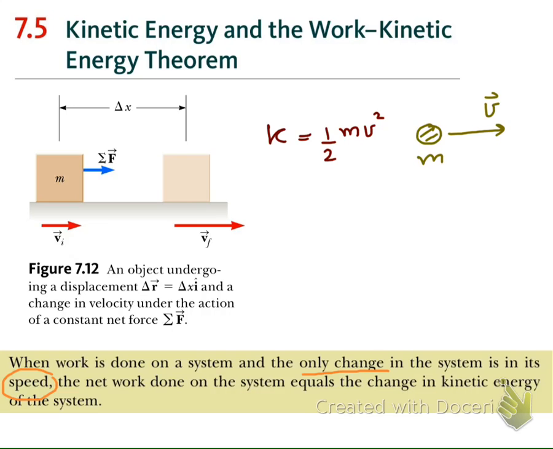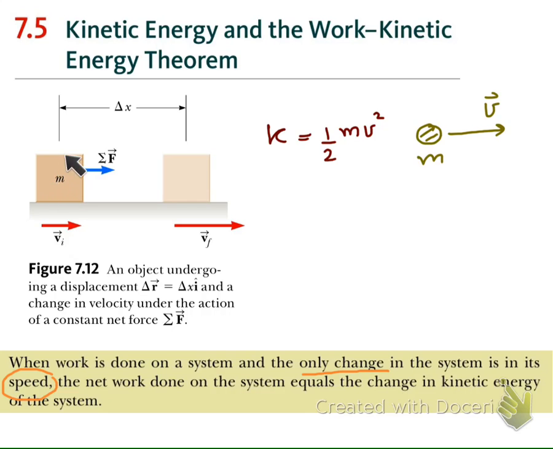It means that if we look at this figure, we have an object with mass m. Okay, and if there is a net force, summation of F, exerted on this mass m, and this mass m moves.